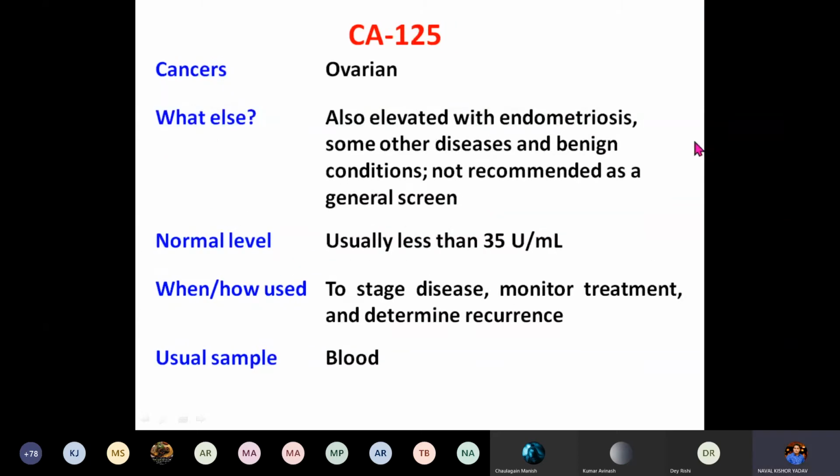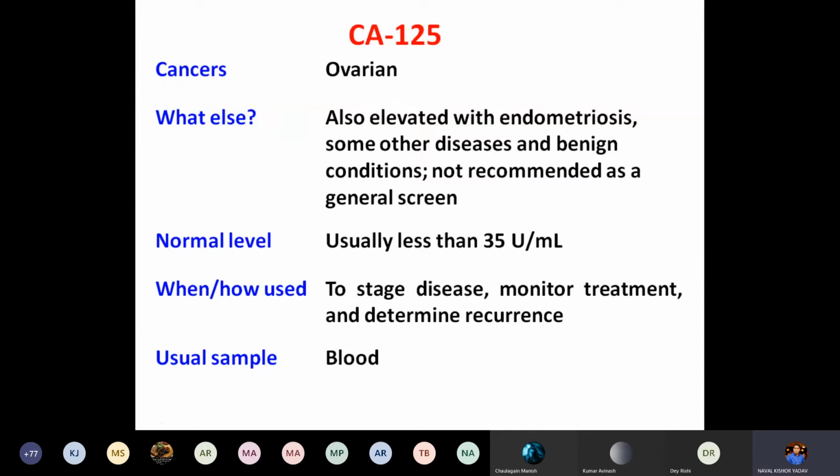Now the next is CA 125, which is commonly done in the case of ovarian cancer. It is also elevated in other conditions, like benign conditions, and it is not recommended for general screening.